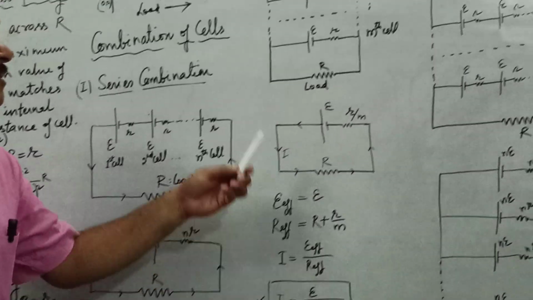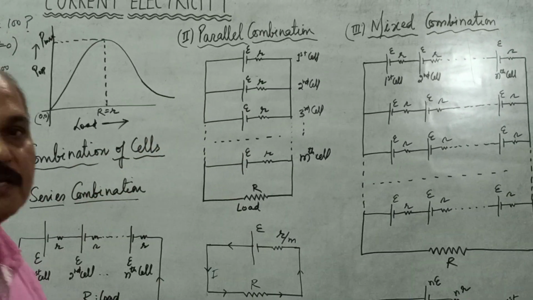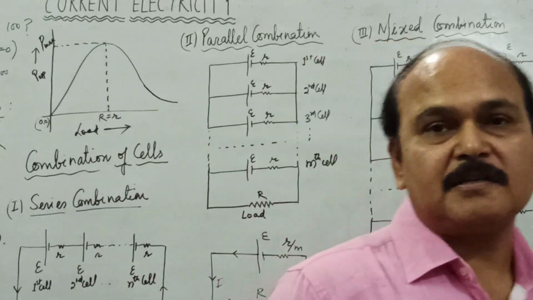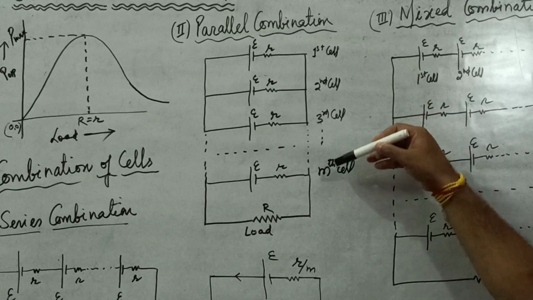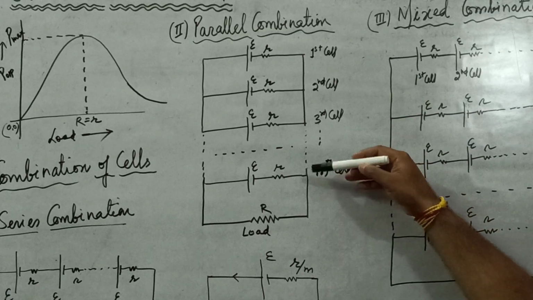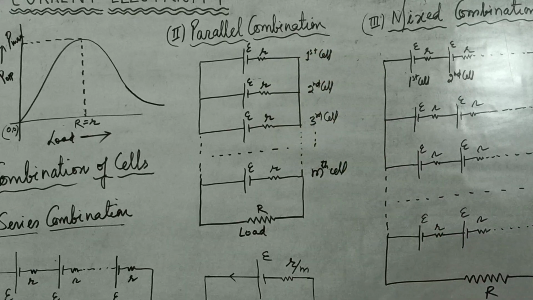Well, parallel combination. These are the batteries connected in parallel. Every battery has an EMF E and internal resistance r. This is first cell, this is second cell, this is third cell, and this is mth cell. In parallel the potential difference is the same, and all these cells have the same EMF.